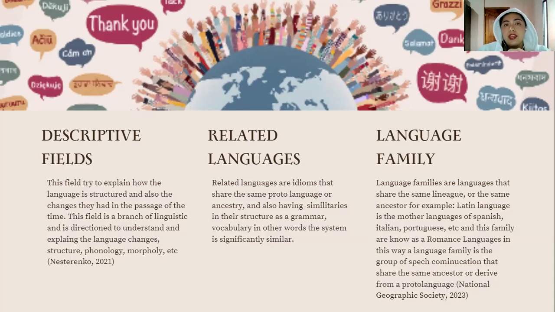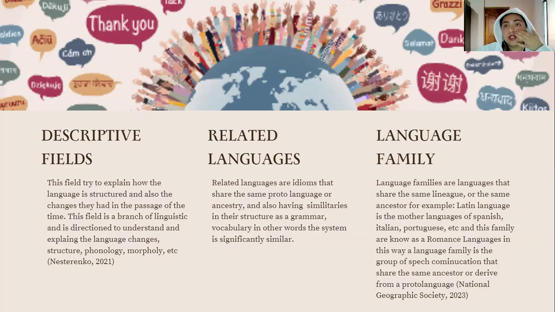And then we have related languages and language families. They are similar. For example, in the image we can see a lot of ways to say hello: Chinese, Spanish, Indian, and others. They have a relation.